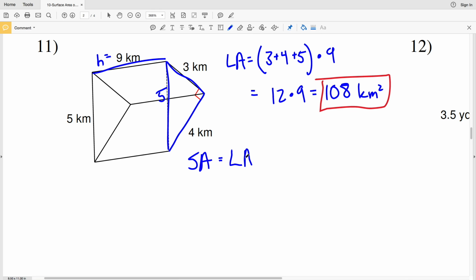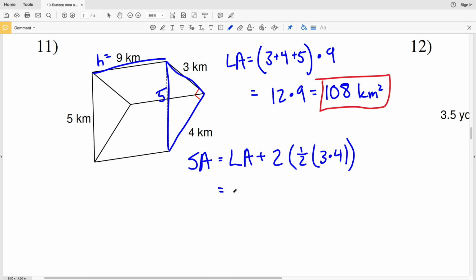Now that we have lateral area, we'll be able to calculate surface area, because surface area is equal to the lateral area plus the area of both of the bases. And there's 2 triangles for the base, so that's going to be 2 times the area of one of those triangles. And remember, for a triangle, it's 1/2 the base of the triangle times the height of the triangle. And in a right triangle, that's the length of the legs. So that's going to be 1/2 of one leg, which is 3, times the other leg, which is 4.